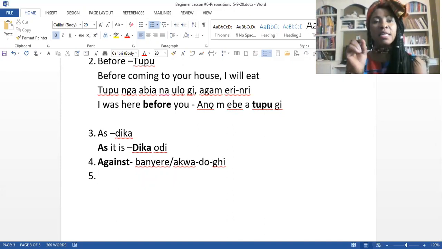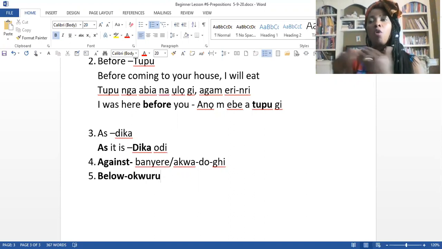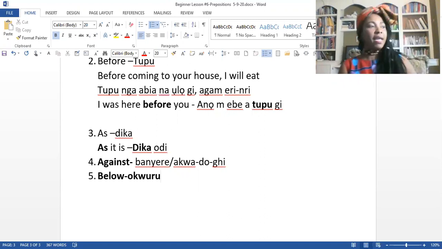We can say below. Below means in Igbo okpuru. Okpuru. You can say na okpuru. Okay? It is below the lantern.